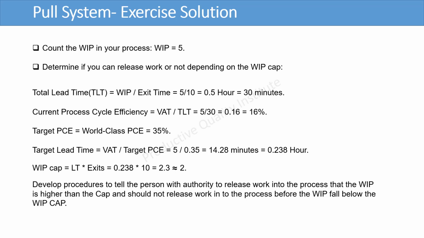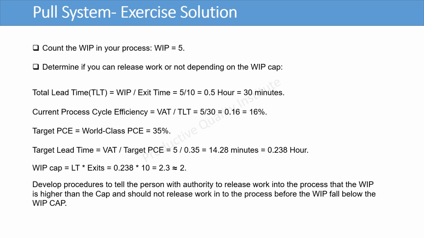Target PCE is equal to world-class PCE, which is equal to 35%. Target lead time is equal to VAT divided by target PCE, which is equal to 14.28 minutes, which is equal to 0.238 hours. WIP cap is equal to 2.